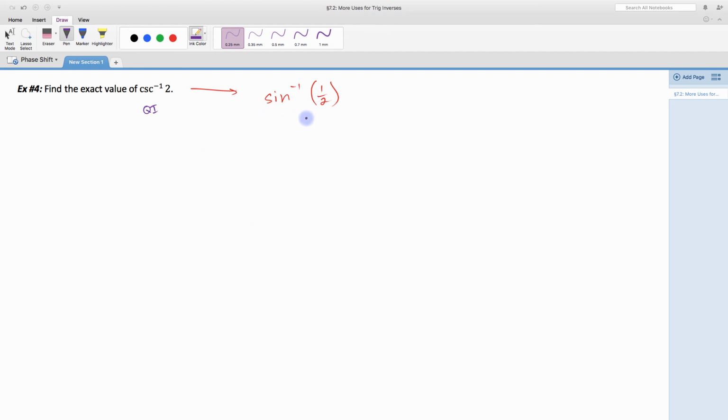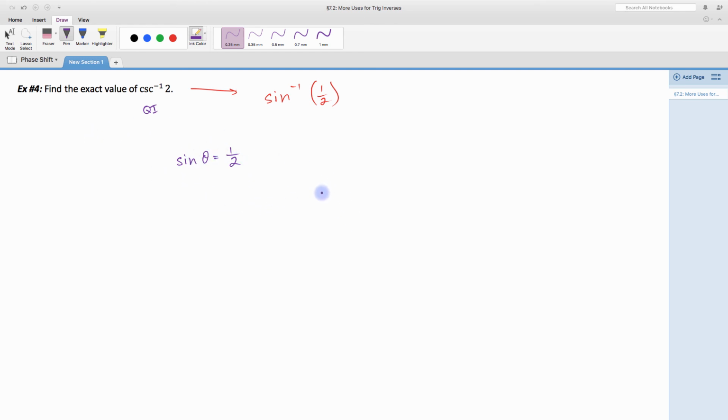Okay? So remember, the inverse sine of 1/2. What does this really mean? This means that if we take the sine of some angle theta, we should get 1/2. So we're looking for an angle theta in quadrant 1 whose sine value is 1/2, right?